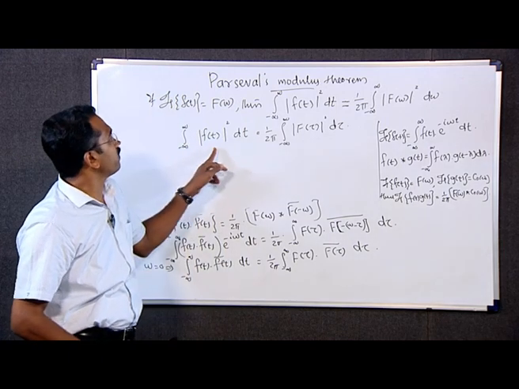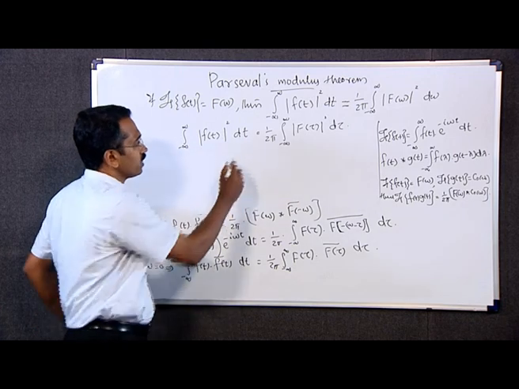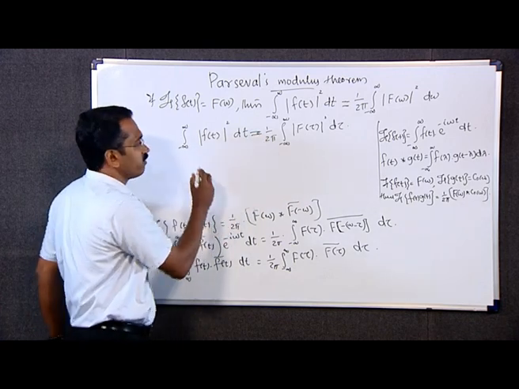This is the Parseval's modulus theorem, or this equation is known as Parseval's identity for Fourier transform.